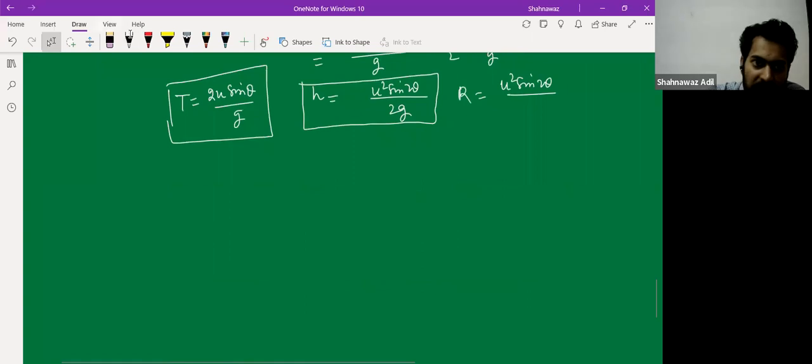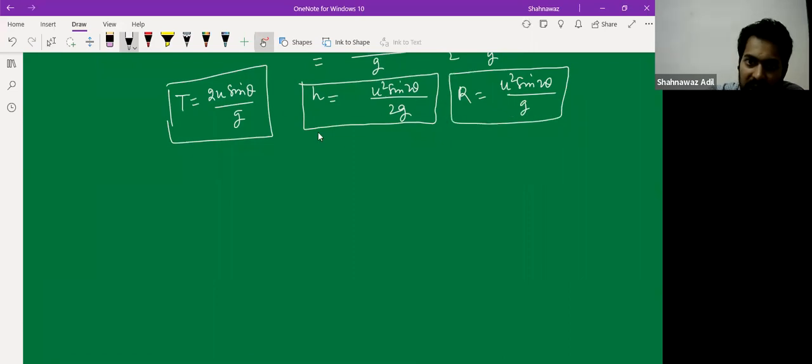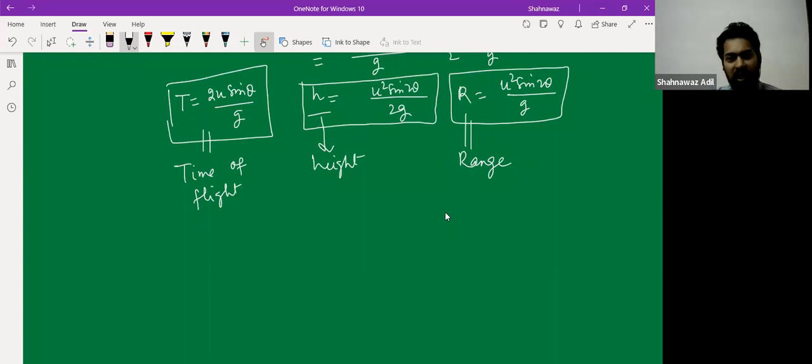So for an inclination angle of theta, you have the time of flight, okay, and the maximum height, and this is the range, for a projectile projected at some angle. Any doubt up to this point?